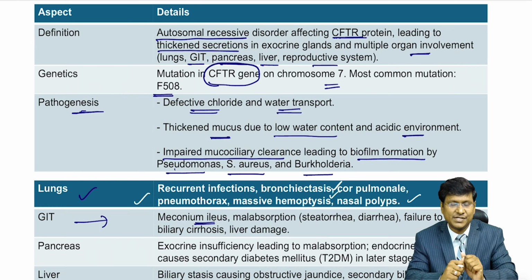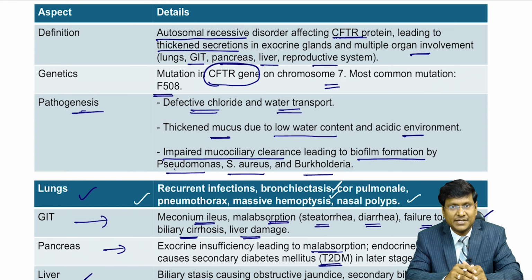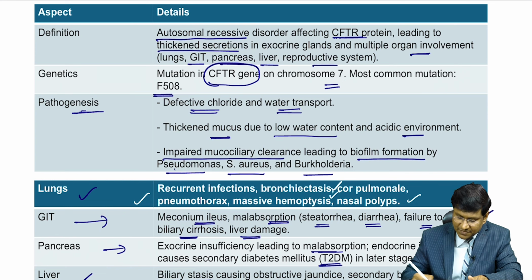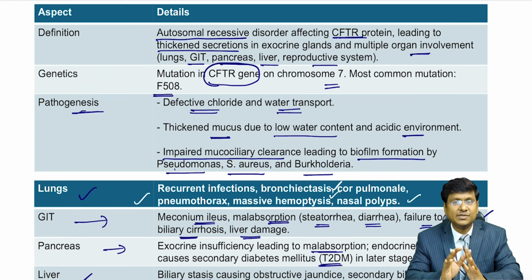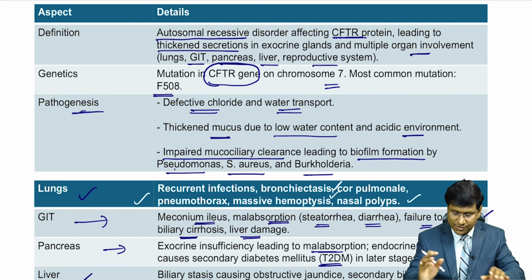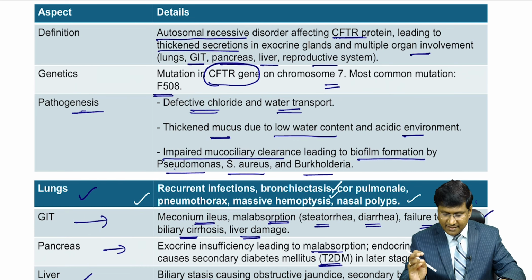Once there is biliary stasis, the movement of the bile into the second part of the duodenum does not occur, and that will result in obstructive jaundice, secondary biliary cirrhosis, and liver dysfunction. So these are the liver abnormalities that you come across in patients with cystic fibrosis: biliary stasis, secondary biliary cirrhosis, and then liver dysfunction.